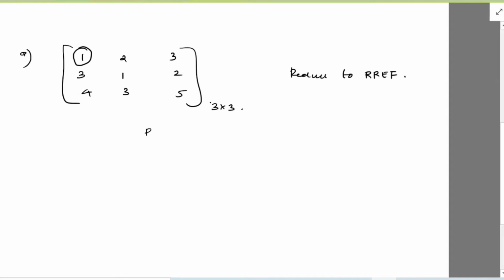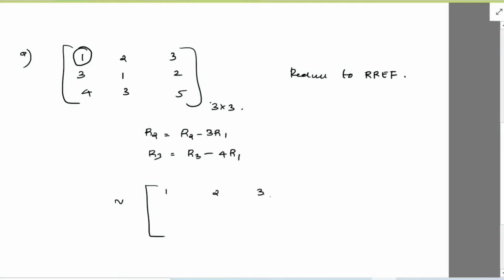So the operations will be R2 equal to R2 minus 3R1, and R3 equal to R3 minus 4R1. So this matrix reduces to 1, 2, 3. There is no change in the first row.